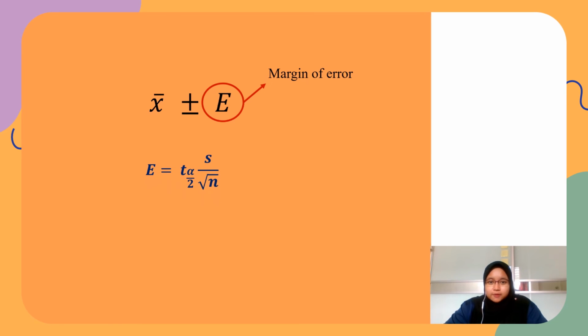In constructing the confidence interval for a population mean, given the sample standard deviation, the margin of error is given by this formula, where t alpha over 2 is the critical value, that is the value that we look up in the table or obtain using software, with degrees of freedom of n minus 1.